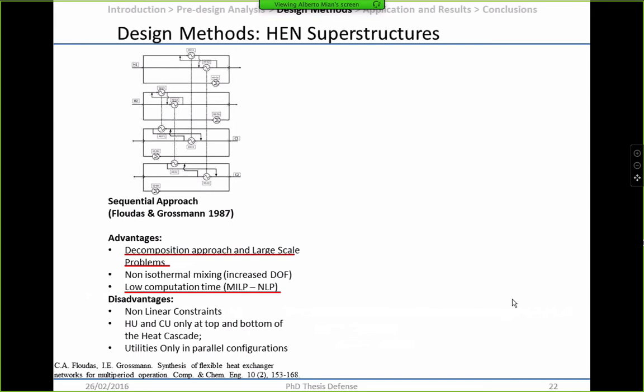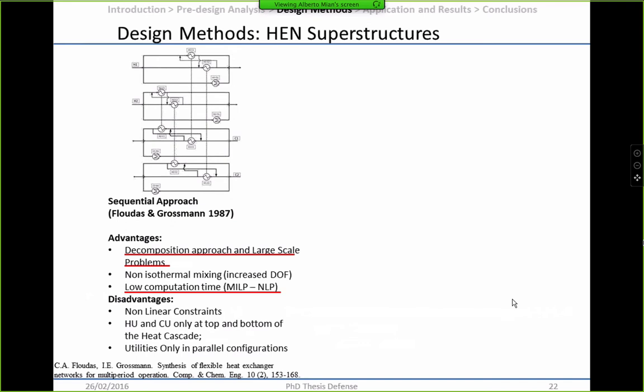This is also one of the reasons for which I selected it, but it had 2 main limitations. Apart from the nonlinear constraints that cannot be avoided, the integration of utilities using this approach is possible only in parallel and at the top and at the bottom of the heat exchanger. So you see that this exchanger is different from the other.